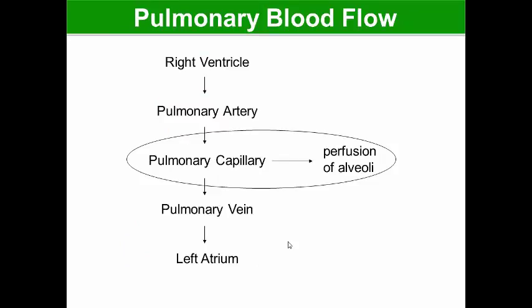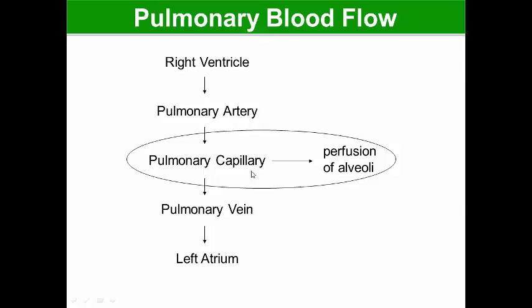And now let's describe the pulmonary blood flow in short. Remember, the right ventricle pumps deoxygenated blood into the pulmonary artery. Then this deoxygenated blood flows through the branches of the pulmonary artery, the pulmonary arterioles, then the pulmonary capillaries.